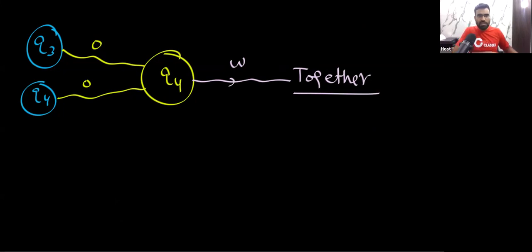Now whatever comes, they will always remain together, because Q3, Q4 are meeting in Q4 on string 0.